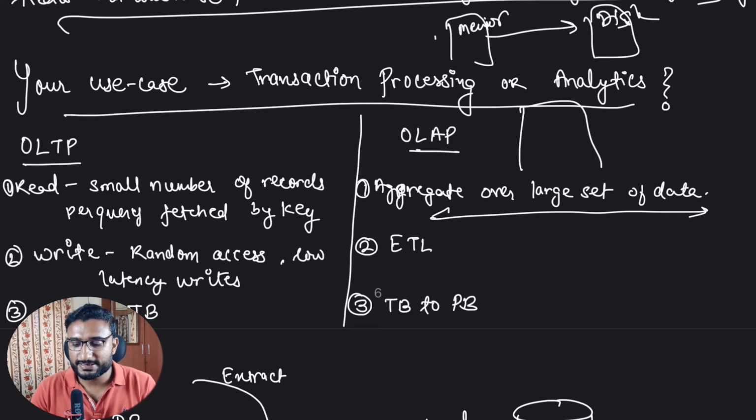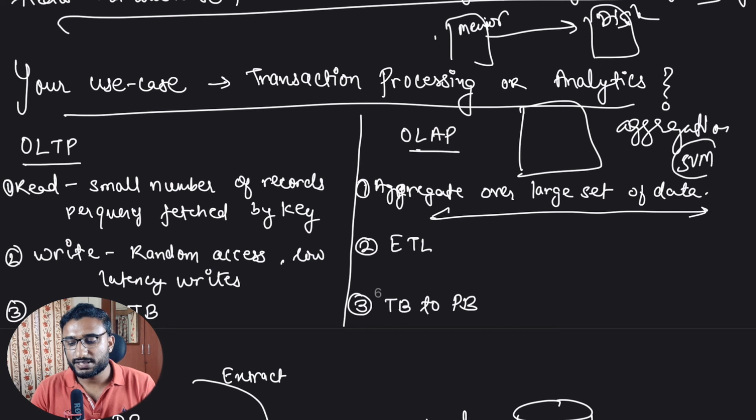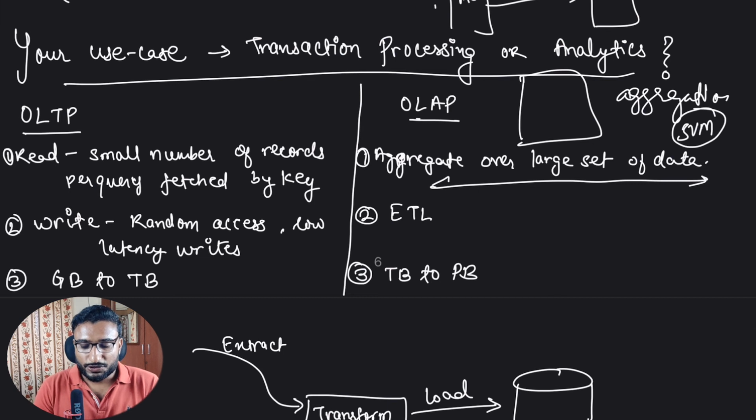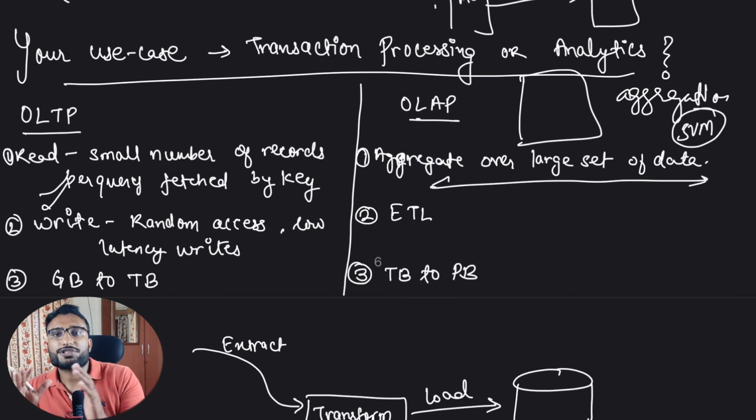Okay, let's say this is your huge set of data and you want to perform some kind of aggregation on top of it, like what was the total profit. But in case of OLTP, you want to return a small number of records from the database to serve your user query. So this is the very basic, most important difference: what kind of use case you are looking at. Do you need to do some aggregation on the data? If not, then go to OLTP, otherwise OLAP.